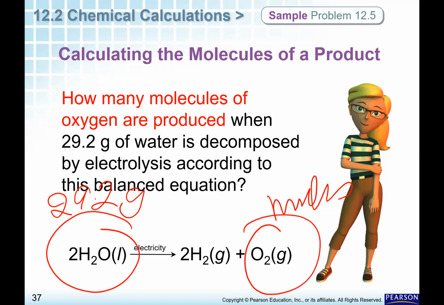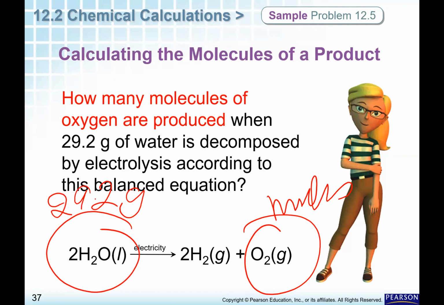Once we get the moles of oxygen, then we need to convert it into molecules of oxygen. How do we do that, Iban? Going from the moles of oxygen into molecules of oxygen using which conversion factor? The Avogadro's number. That's what you asked about.